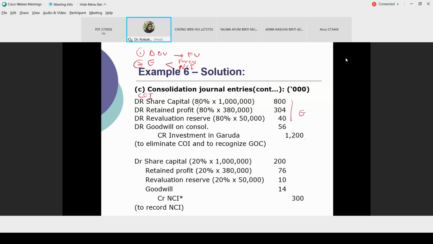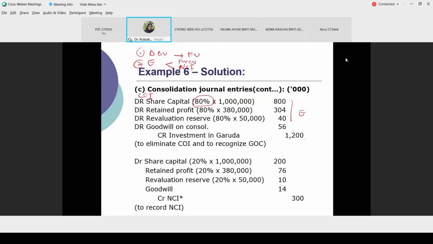Share capital here, Garuda has 1 million. So of the 1 million, the parent only has 80% share. So 80% times 1 million, you have 800. Retained profit also 80% times 380, so you have 304. Same thing for revaluation reserve, 80% times 50, so you have 40 here.